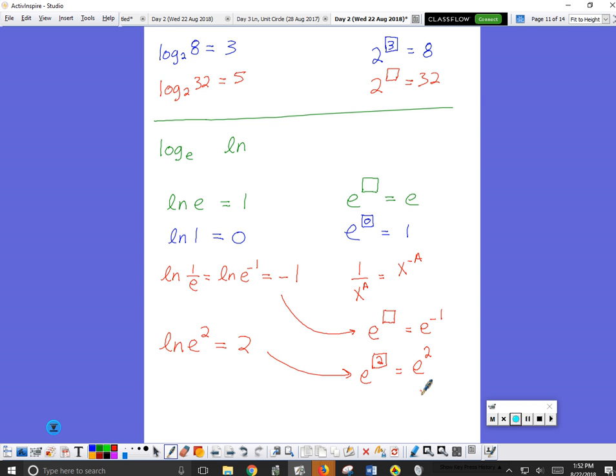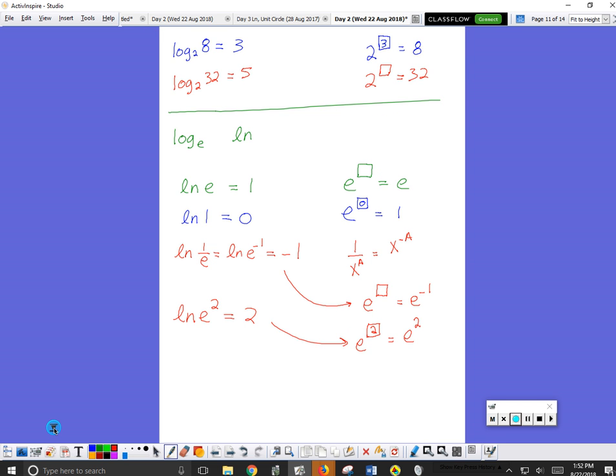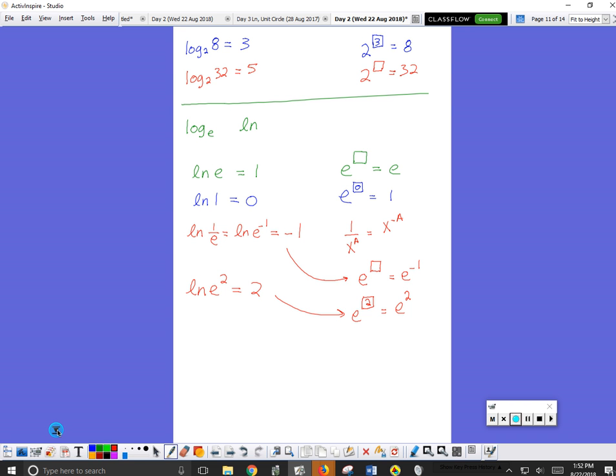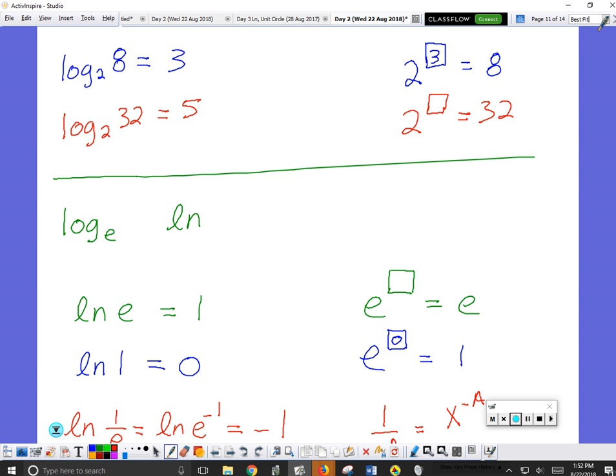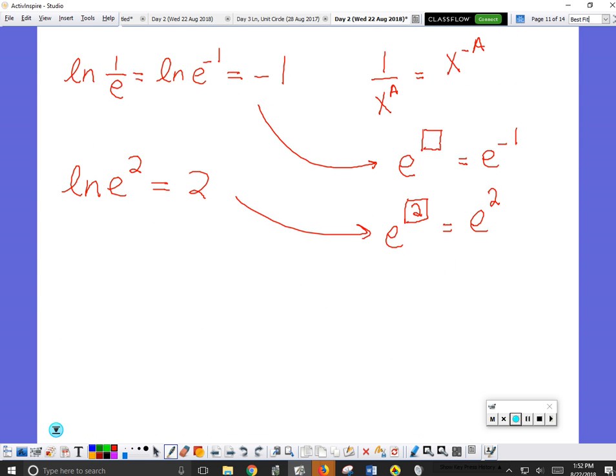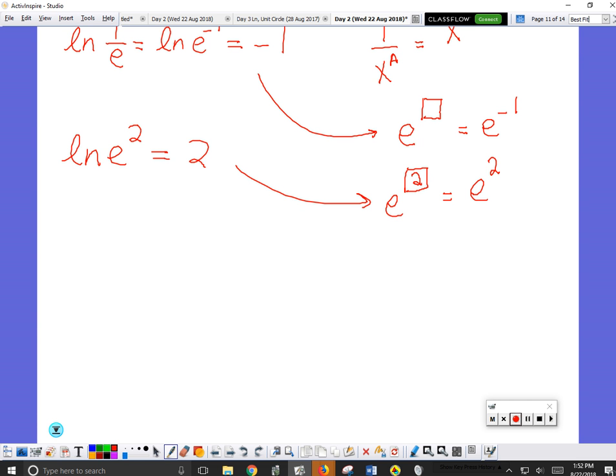So really, the key thing is whenever you see natural log, just convert it. So if I write natural log of e to the 5th power, my brain says the natural log part means e to something.